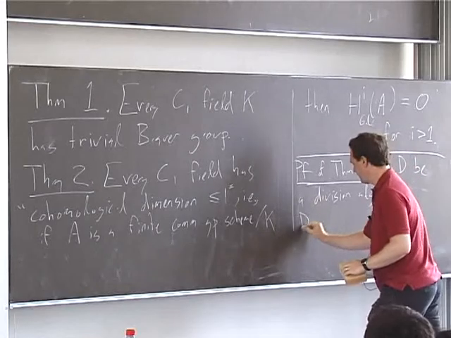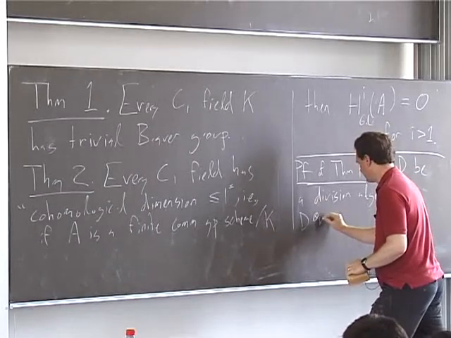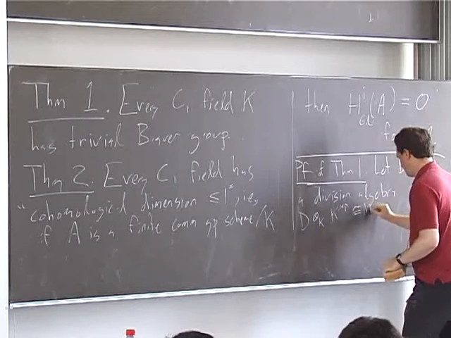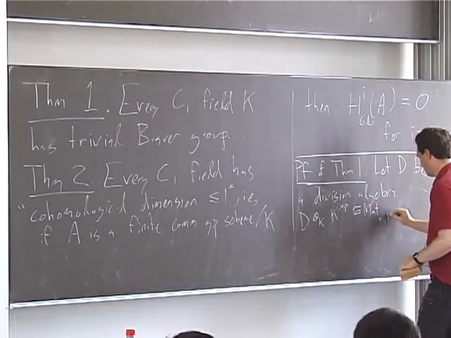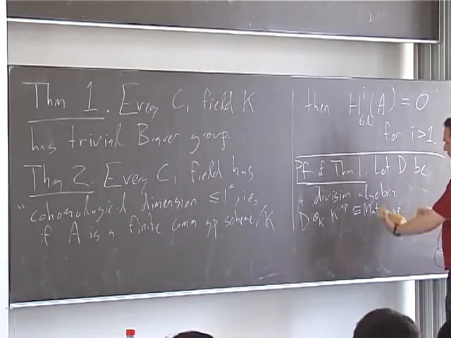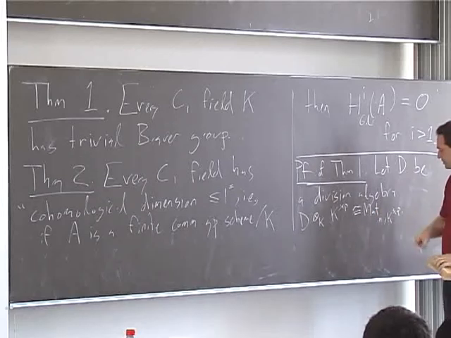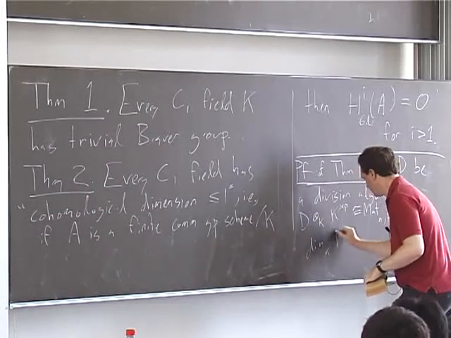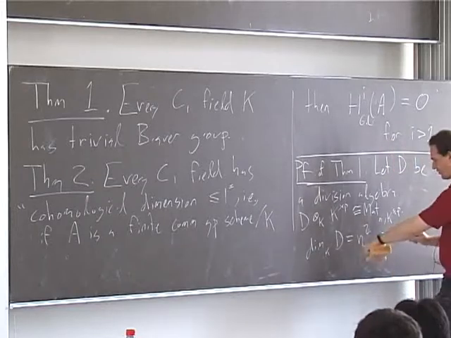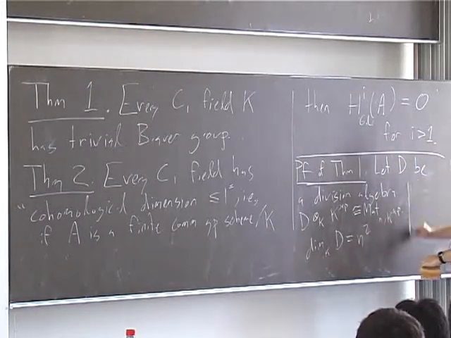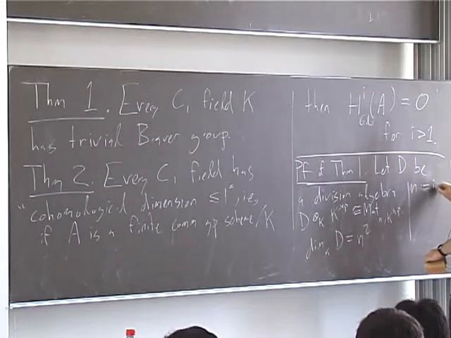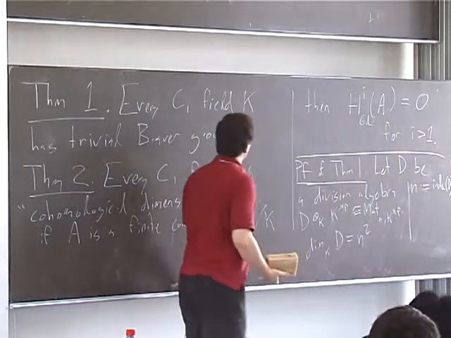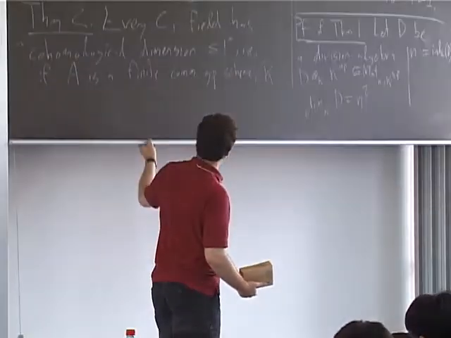That's pretty easy. If we base change to the separable closure, then this becomes a matrix algebra, n by n matrices over the separable closure. So as a vector space its dimension is n squared, because the dimension of the space of n by n matrices is n squared. This integer n comes up so often that we give it a name: n is defined to be the index of D. It's just the square root of the dimension as a vector space.